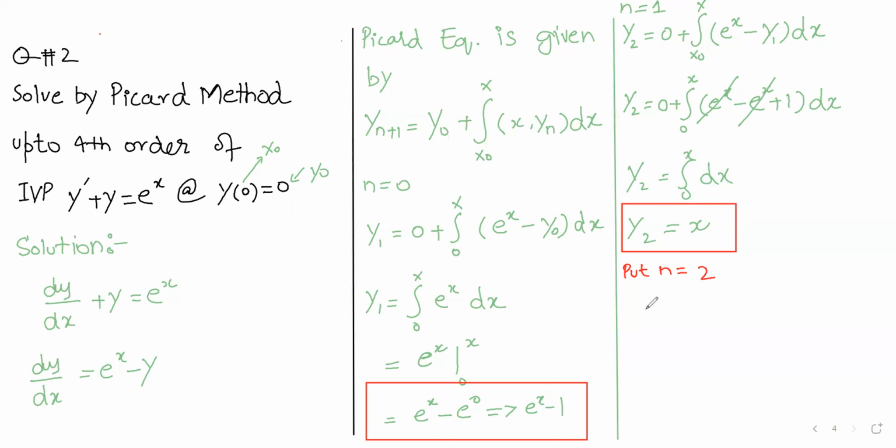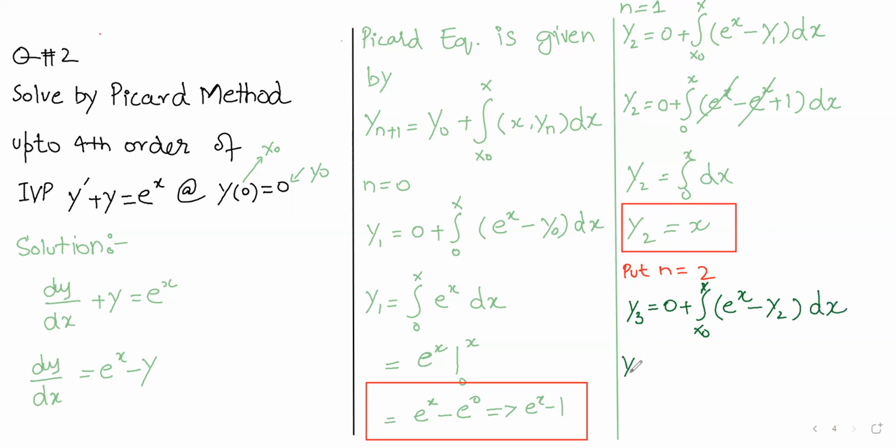So y3 is equal to 0 plus the integral from x0 to x of e^x minus y2 dx.